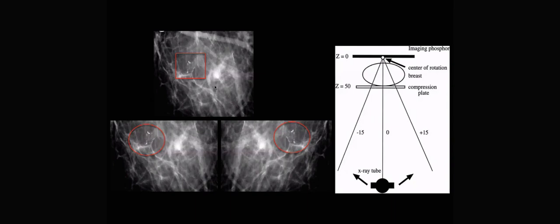So this is the scout image. This is what you want to take. And then these are the two images for the angled projections. You will choose on both images where the lesion is, and it will show you where it is on the scout images, and the machine will do the rest, similar to the tomosynthesis.